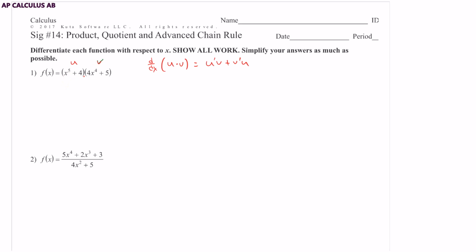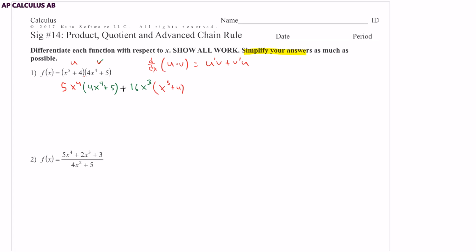The derivative of the first piece is going to be 5x to the fourth, and we're going to multiply that by the second piece, which is this, and then we're going to add that to the derivative of the second piece times the first piece, like that.